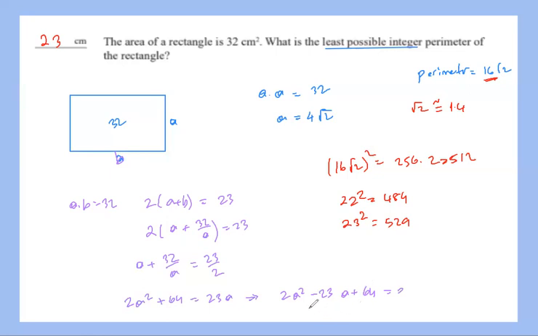But instead of doing those, I can use Vieta. The product of the solutions is C over A, which is 32, which is A times B. And the sum is minus B over A, which is 23 over 2, which was actually the case that we had. We said the sum of the roots is 23 over 2, and we got it right here. So that proves it one more way as well.